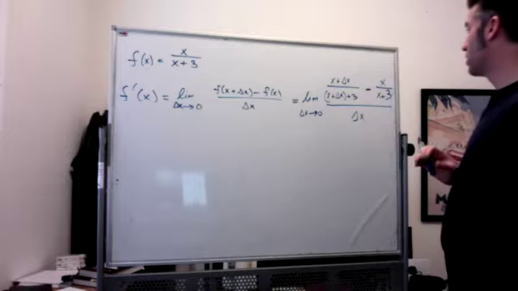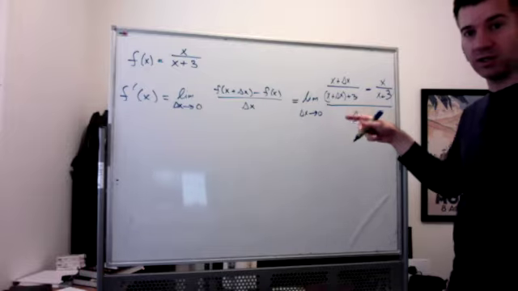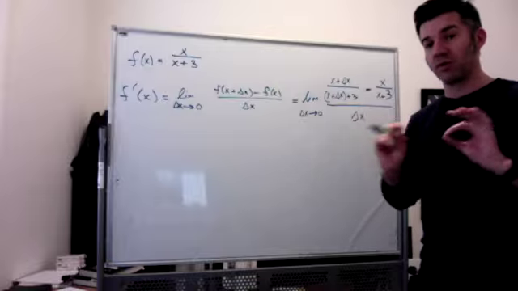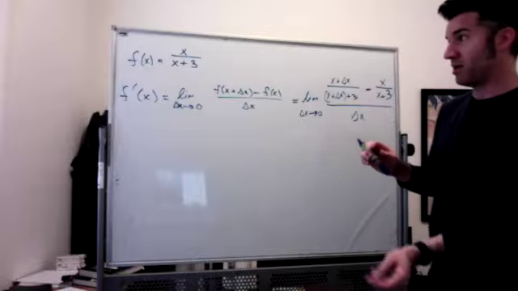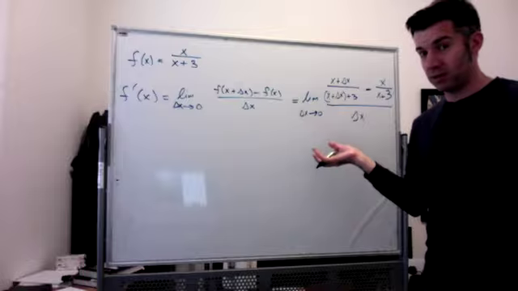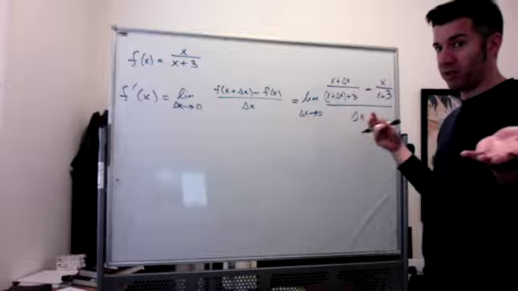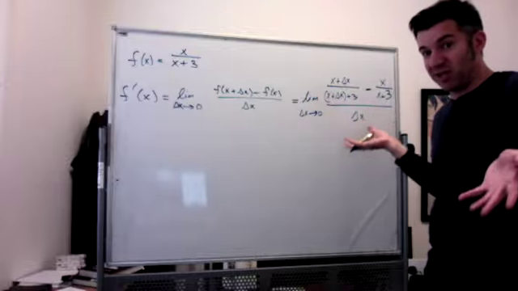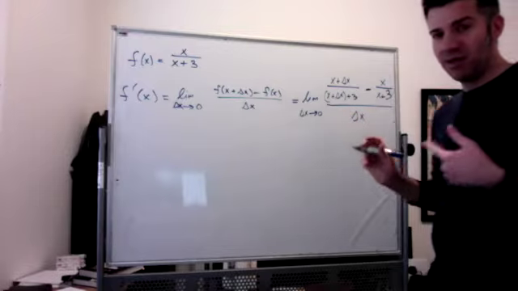Okay, so here is the deal. Whenever you have fractions, and this is why we spent time dealing with 0 over 0 limits earlier in class, because all of these limit definitions of the derivative are 0 over 0 limits. And just like before, when we had 0 over 0, if there were fractions, we got a common denominator. That's what we're going to do here. It can be a little misleading, right?